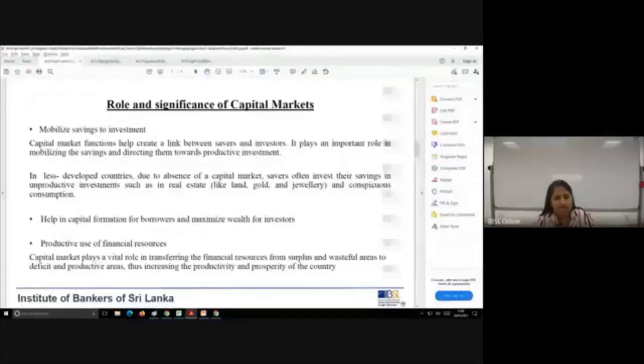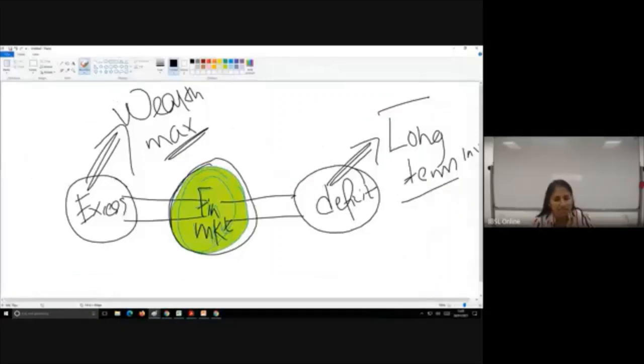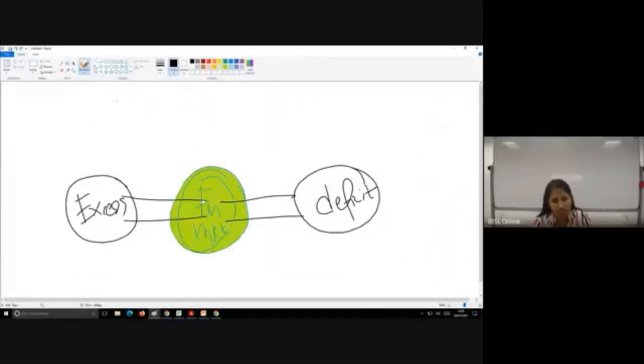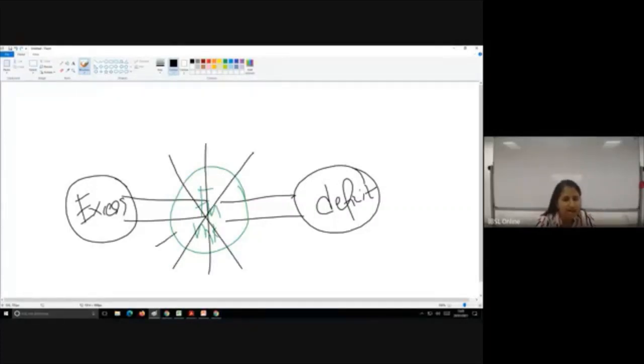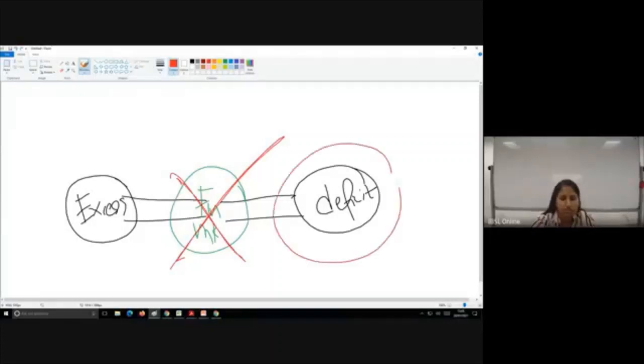So in a less developed country, if you take less developed countries as a comparison, because they do not have these financial markets with them, because financial market for them is unavailable, what happens is, most of the time, the deficit unit holder is unable to mobilize funds from the excess unit directly.